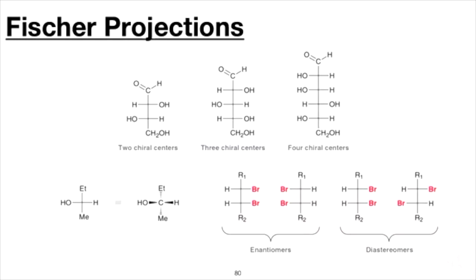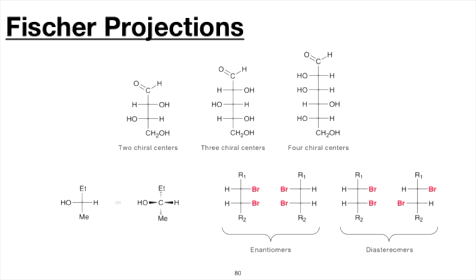In the old days, back when they knew something about organic chemistry, but they were still learning, there were a lot of different ways to draw molecules. We've talked about projections a lot. Newman projections, Haworth projections. Another one that was designed specifically for molecules like sugars is called a Fischer projection.